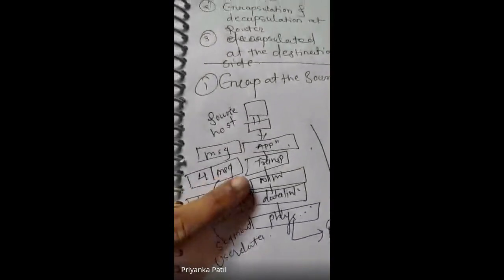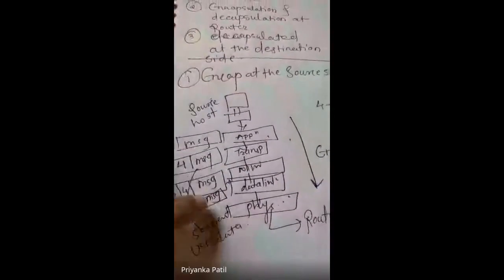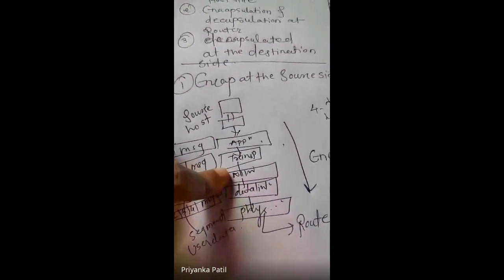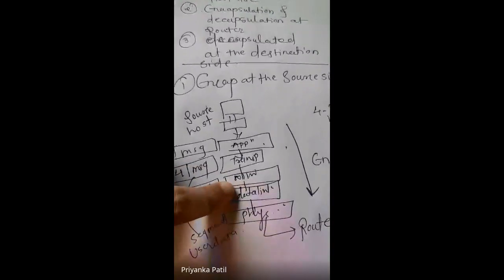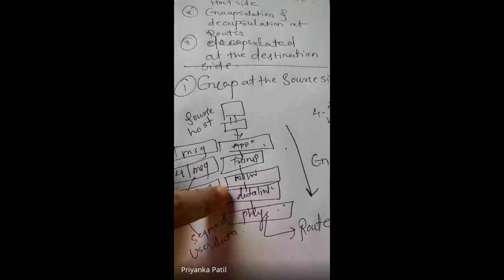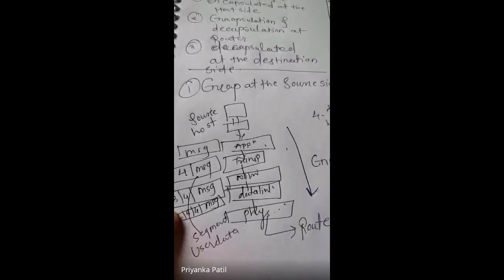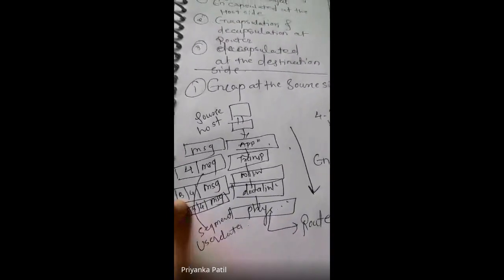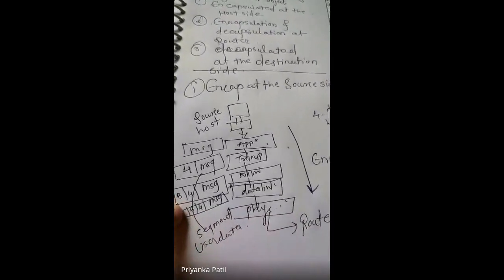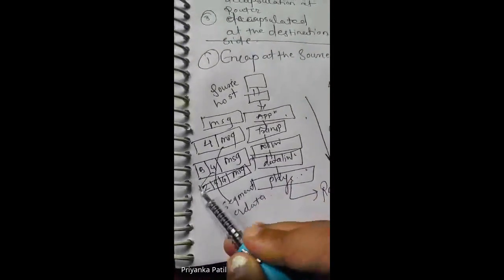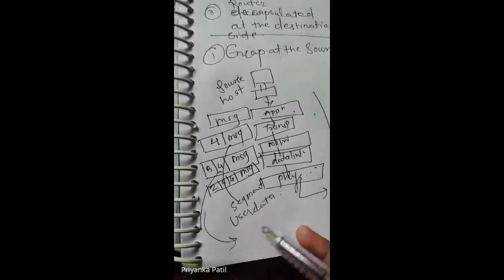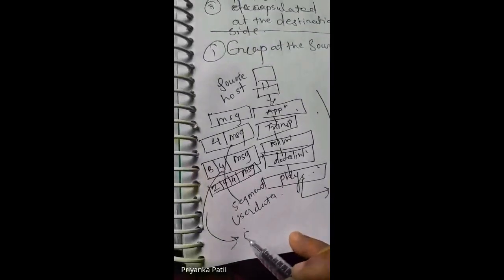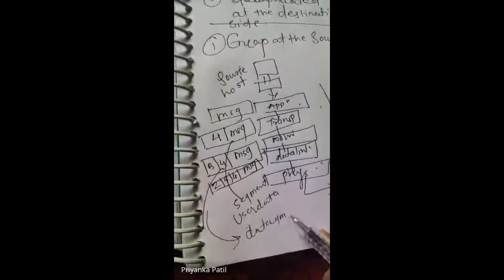After that, the packet from the transport layer is accepted by the network layer. The network layer takes it as its payload and adds its own header, which is considered a datagram.